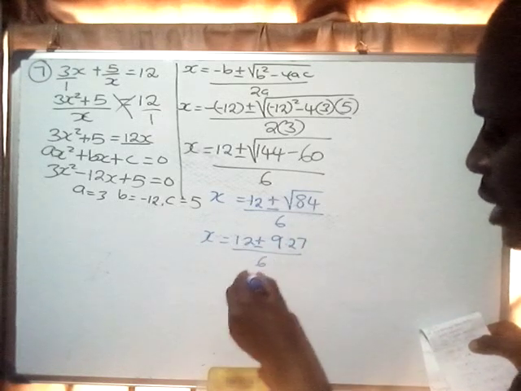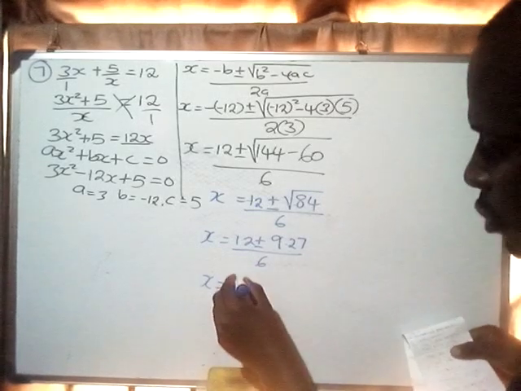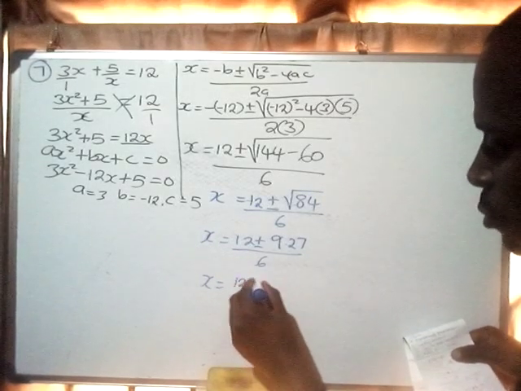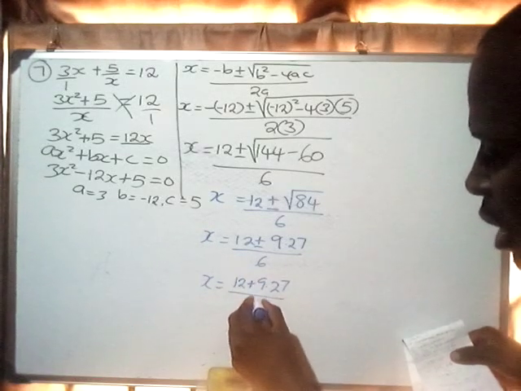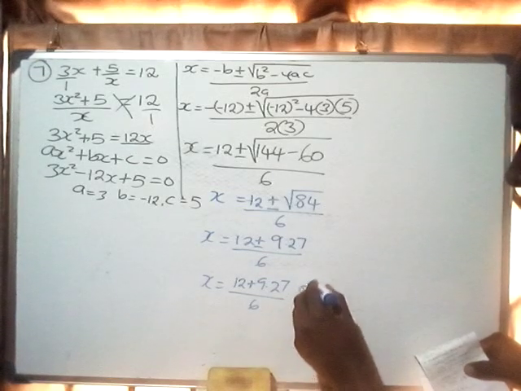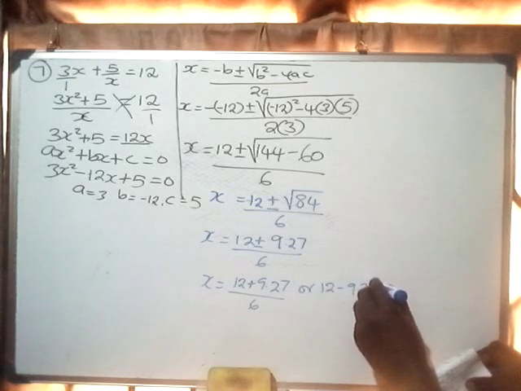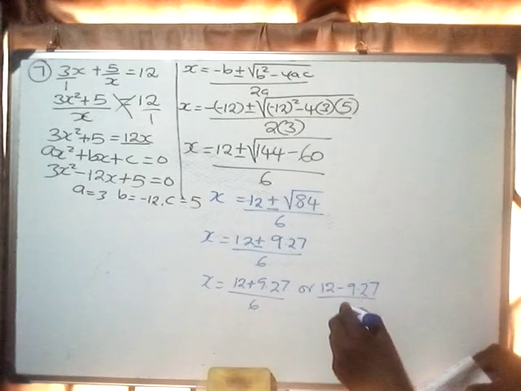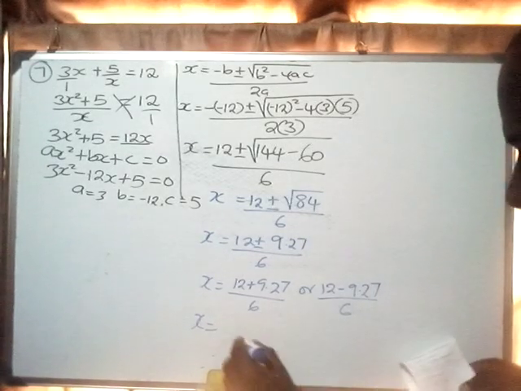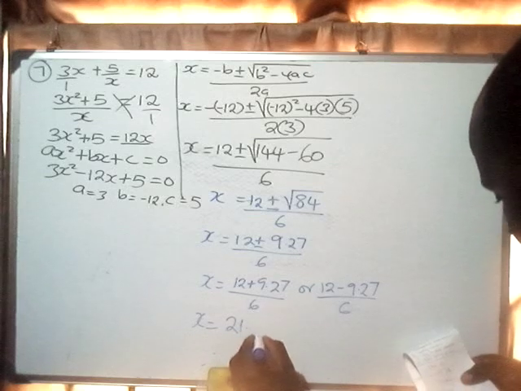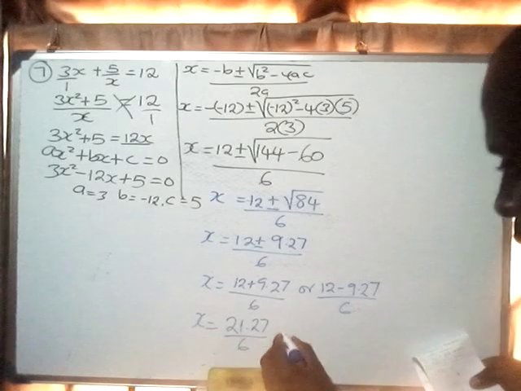So over 6. x will be equal to 12 plus 9.27 over 6, or 12 minus 9.27 over 6. If we add the two, we are going to have 21.27, which will be over 6.